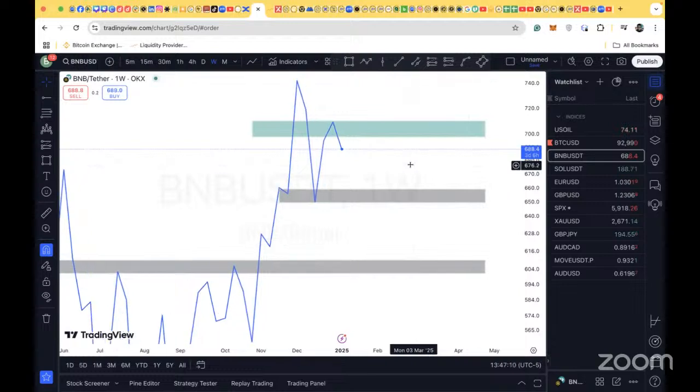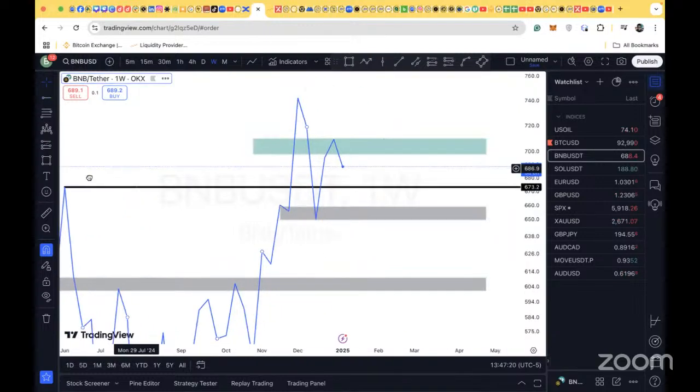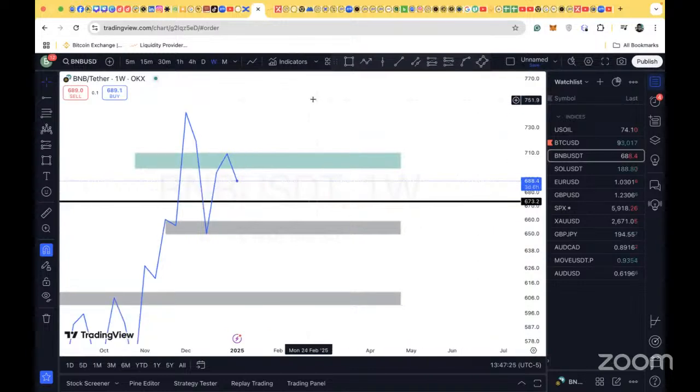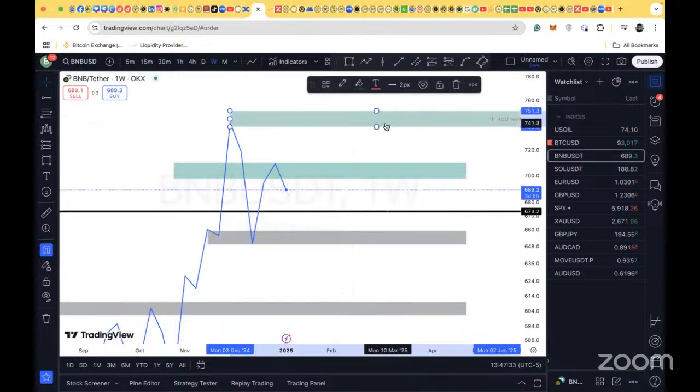This is the most important area. There's a place here, but I'm not sure this guy is significant enough. Well, let me draw it because price is facing it. Price is facing this area, so I want to know what that side means. 673. Then I think I'm done. Then we also have this high. This high is also very important.